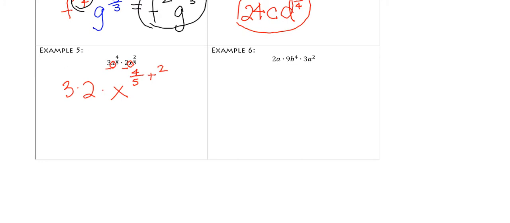So 4/5 plus 2/5. So I have 6, which comes from the 3 times 2, x raised to the 6/5 power. And again, I get that from taking 4 plus 2, which is 6, and then we keep the denominator of 5.